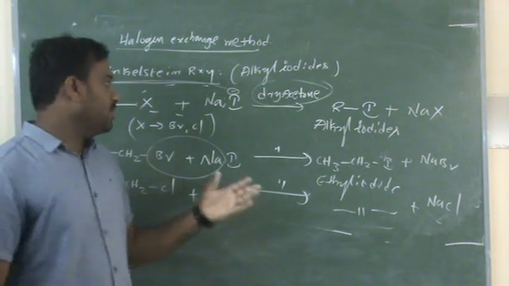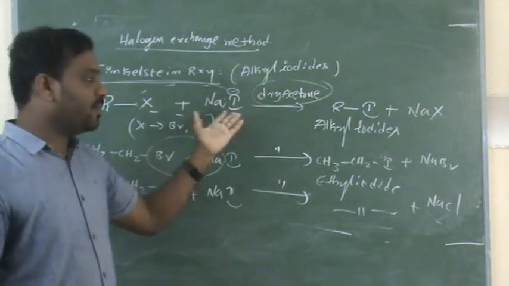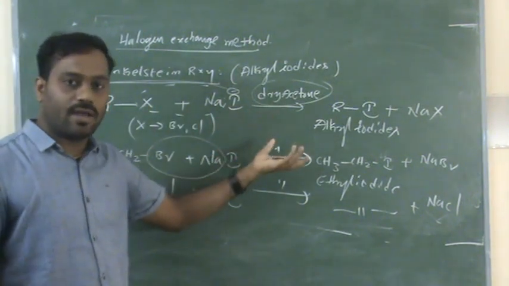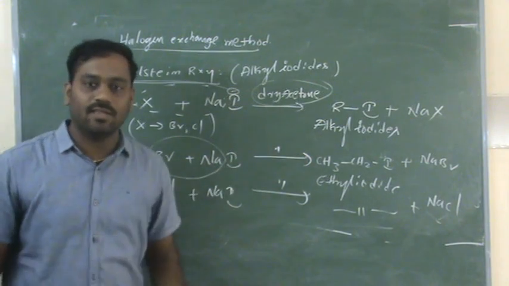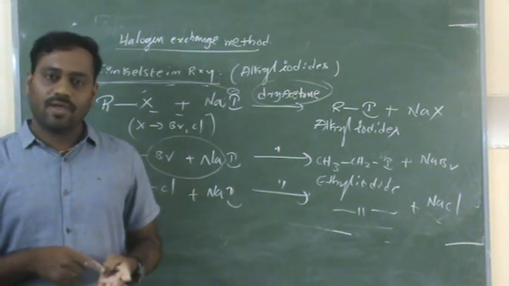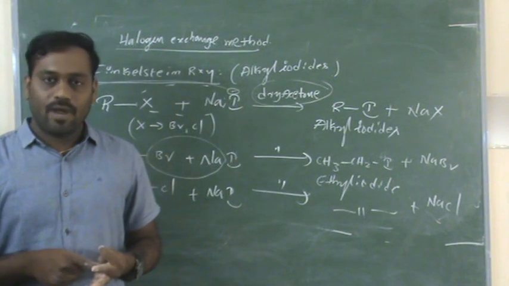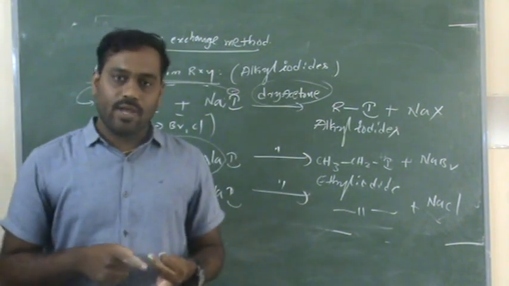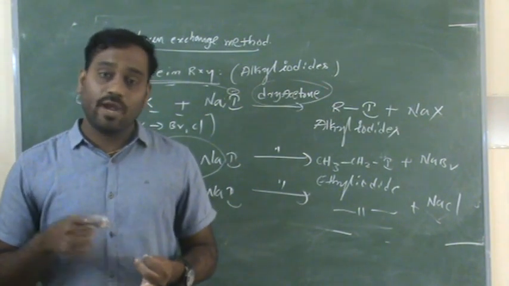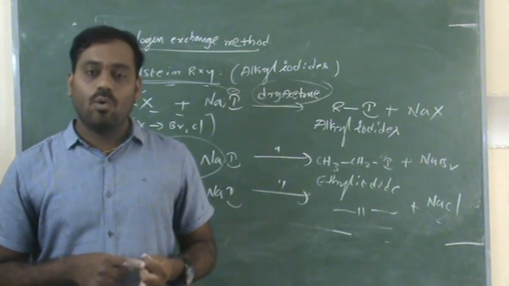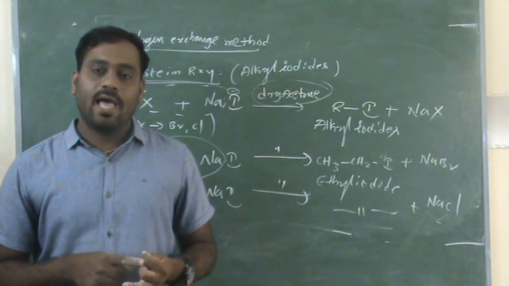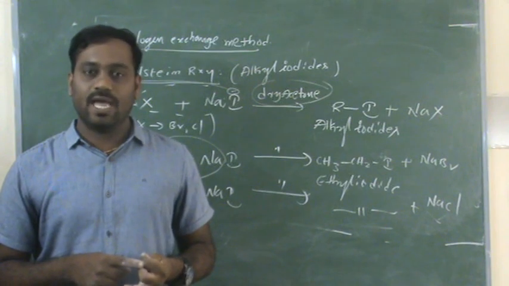Are you following now? So in this method we prepare only alkyl iodide. We can't prepare alkyl fluoride, alkyl bromide, or alkyl chloride. Only alkyl iodide can be prepared by the Finkelstein reaction.